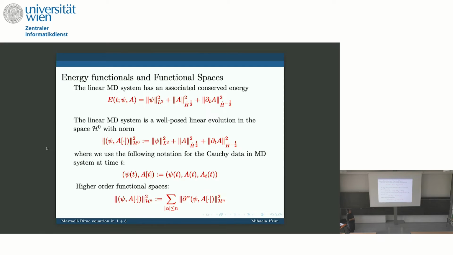And if I'm talking about higher derivatives, it means I'm going to look at higher derivatives piling up on the spinor and the electromagnetic field, but I'm going to measure them in the H0 norm. Here I just described the notation that, if you worked on the wave equation, you might be familiar with by now. When I write A with this straight bracket here, it means you're looking both at the position and the velocity.